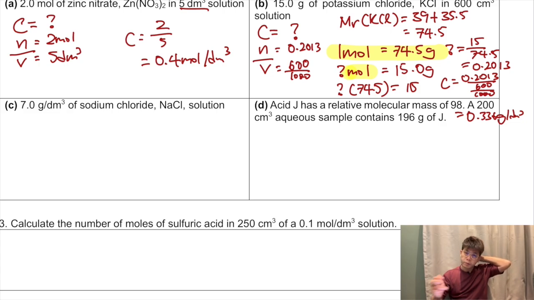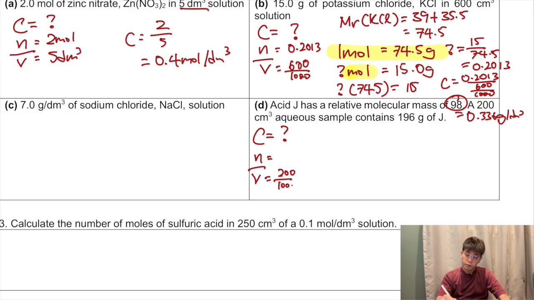Okay, let's try D. Acid J has a molecular mass of 98, and 200 cm cube contains 196 grams. So now I want C equals N over V, and I want to calculate C. I don't know N, but I got V, which is 200 divided by 1000.